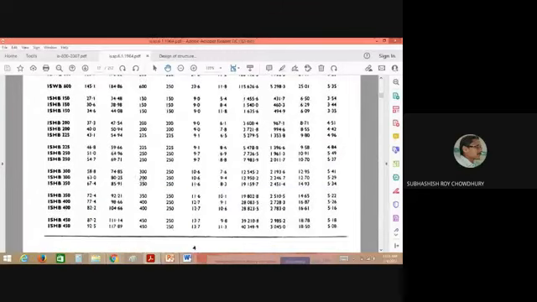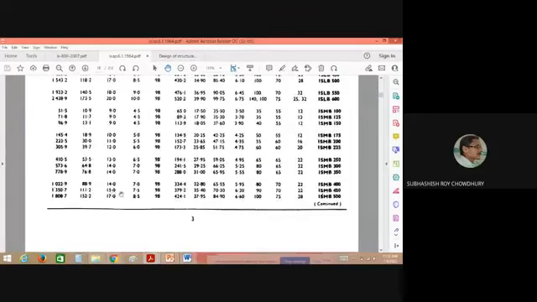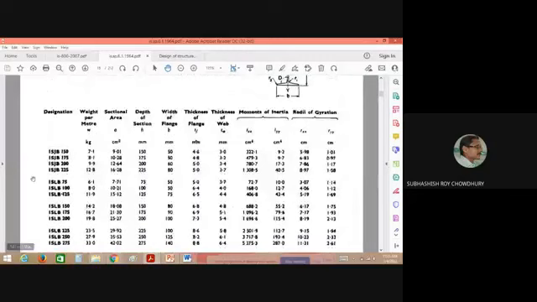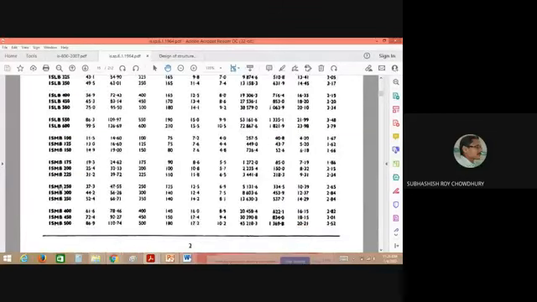You may note it down if you have your draft book or exercise book. ISJB, the full form is Indian Standard Junior Beam Sections. ISLB means Indian Standard Light Beam Sections. ISMB is a short form of Indian Standard Medium Beam Sections.